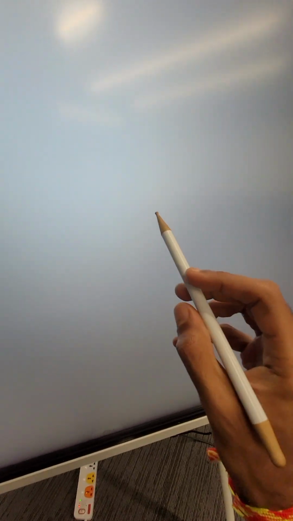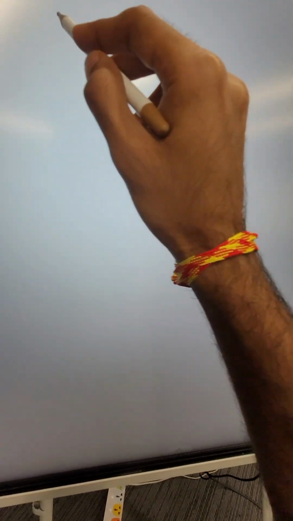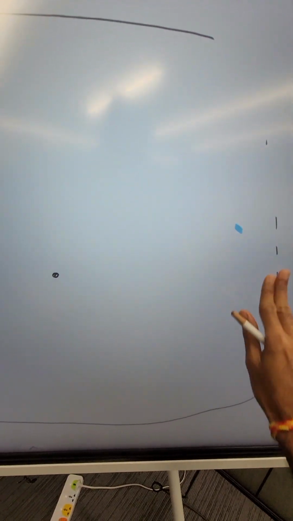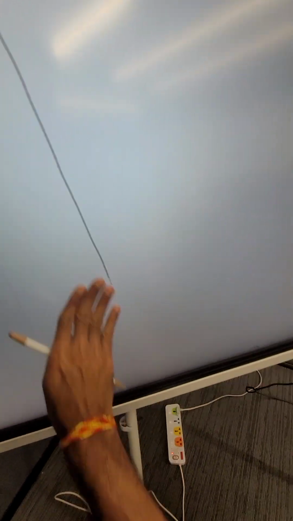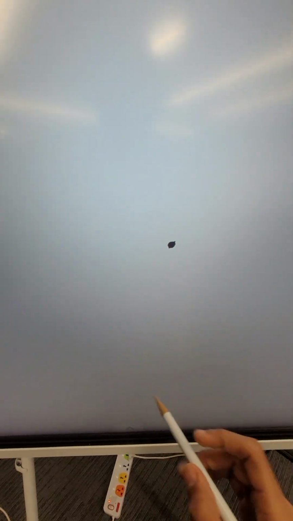So blast radius means this: let's say a bomb blasts over here, and you have a very big physical area, let's say this whole screen is the area. This is the point where the bomb blasts.